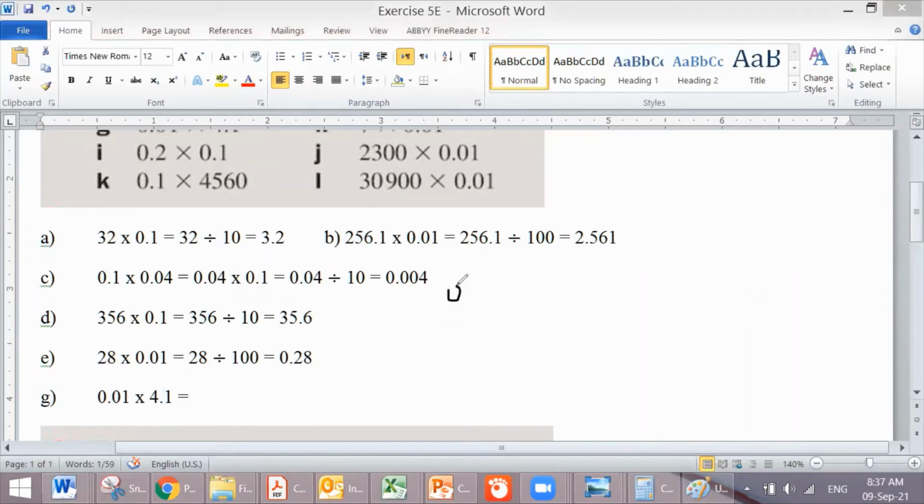And here I am going to explain. If you did not understand, this question was a difficult one. So here you can see that I can write it 4.1 multiplied by 0.01. So 0.01 means that I can write it as 4.1 divided by 100. So here I can see that there are two zeros in 100.